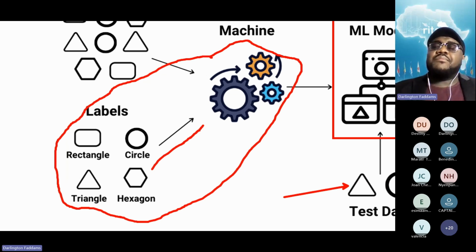So the model that we built in our previous lesson, would you call it a supervised learning model? Did we provide it with the answers during training? Yes, we did. So when you are asked what type of machine learning this is, it is called supervised learning.